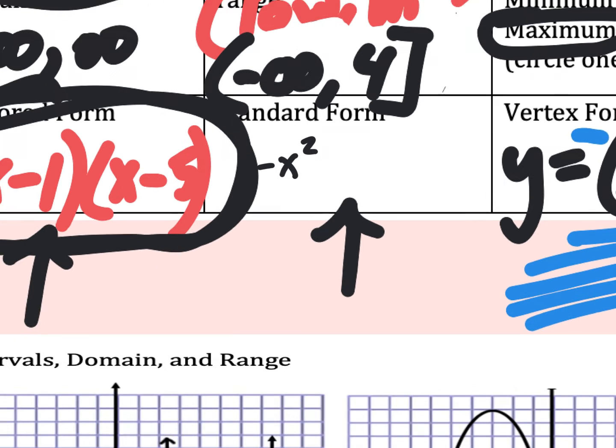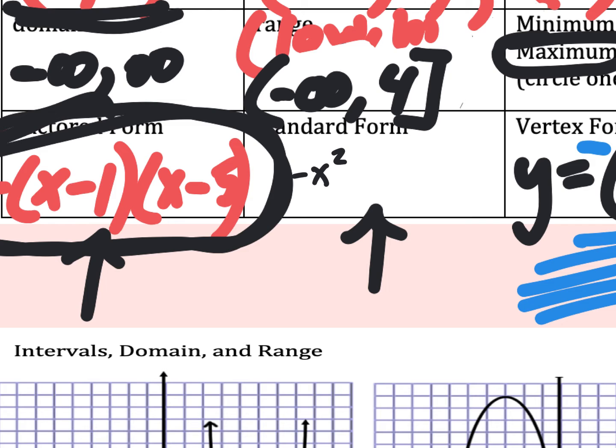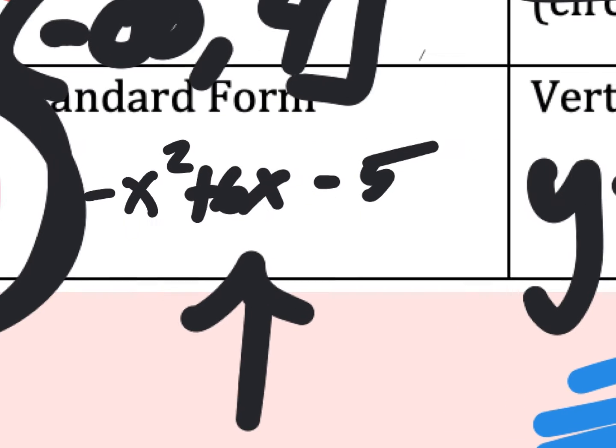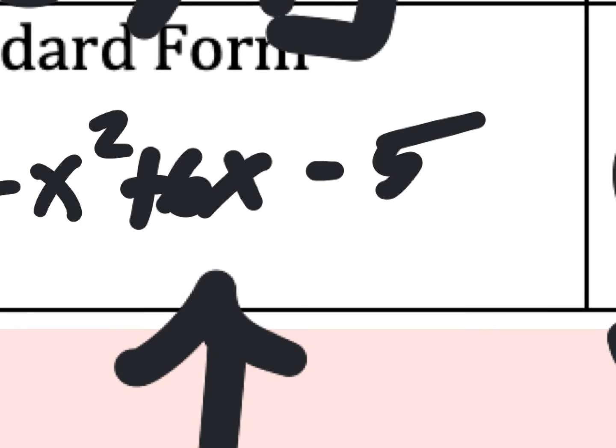Keep going. And then I got positive 6x. It would have been negative 6x, but the negative in front changed to positive 6x. Nice. Keep going. And then minus 5. And it would have been positive 5 for these two, but then that makes it negative 5. You're right. Good job.